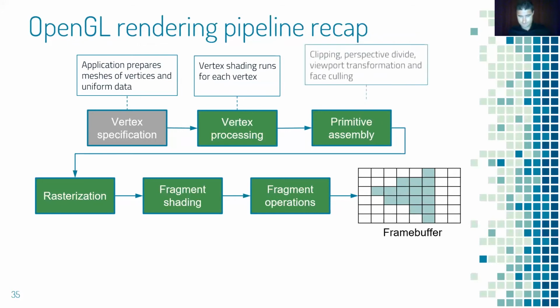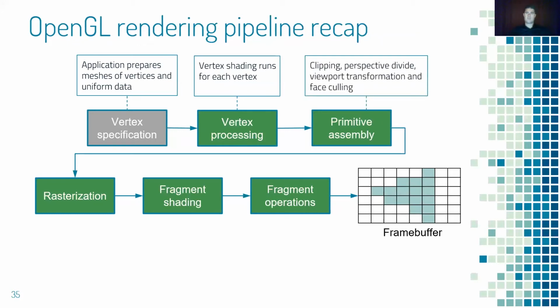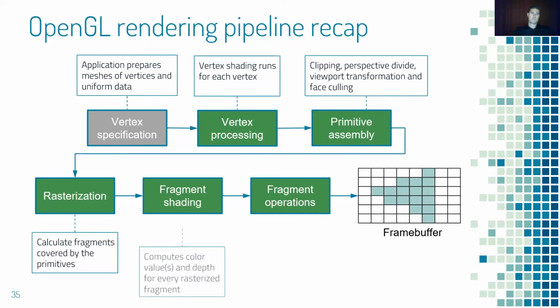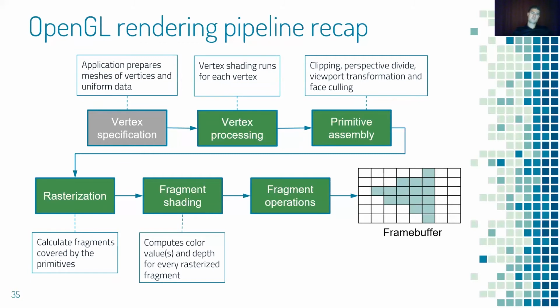Primitive assembly is just a name for clipping, perspective divide, viewport transformation, and face culling, all of which we talked about. Rasterization will determine which fragments are covered by the primitives. Fragment shading, again, for every covered fragment computes the color value or values and depth.